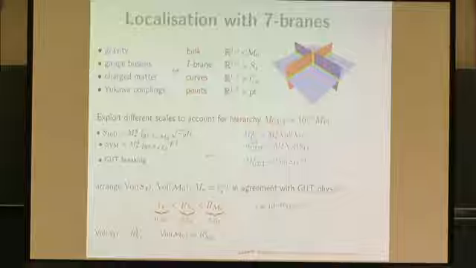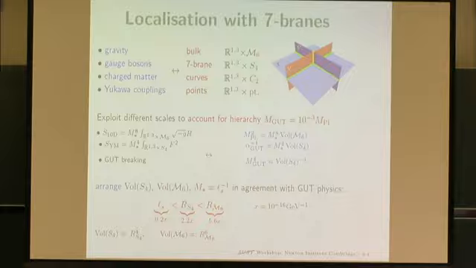So this gives us a number of geometric structures to accommodate various scales. In particular, the Planck scale, of course, is sensitive to the volume of the entire Calabi-Yau, whereas the GUT scale is sensitive to the volume of the 4-cycle wrapped by the 7-brane, and the GUT coupling likewise.